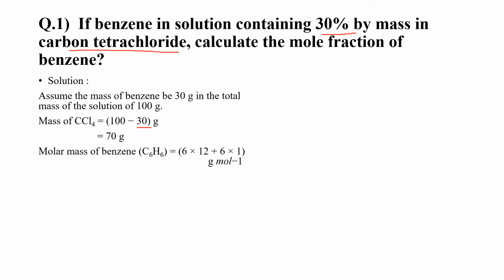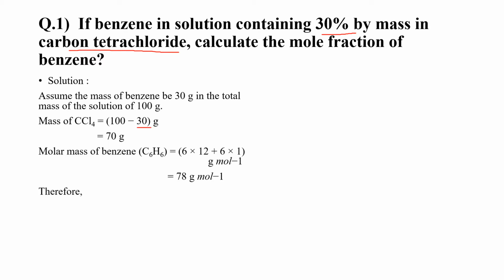Now come to the molar mass of benzene. As we all know, the formula of benzene is C6H6, 6 carbon atoms and 6 hydrogen atoms. So the molar mass of benzene will be calculated as 78 gram per mole.